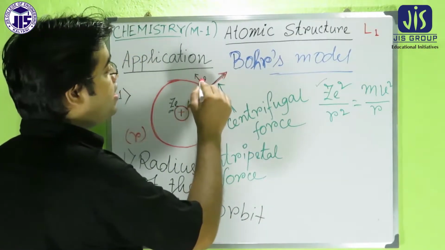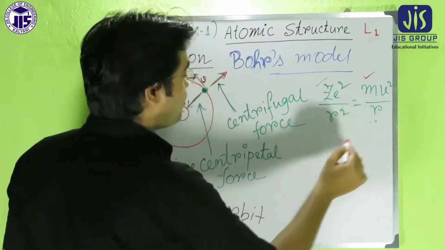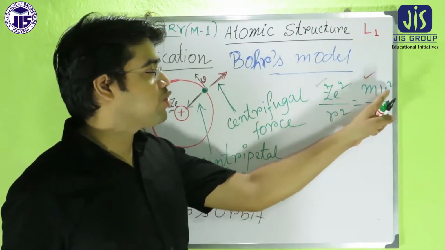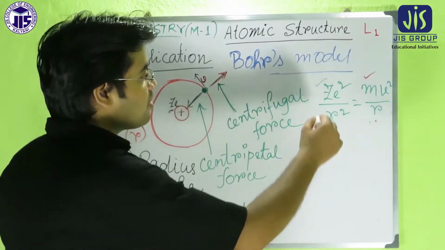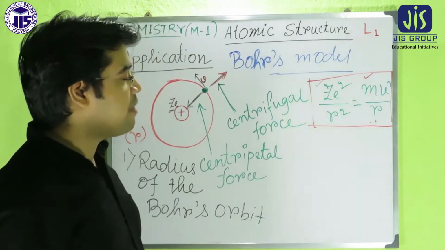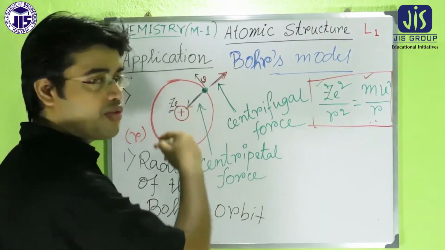What is the value? v is the velocity of the electron, so it is mv square by r. From that equation, Ze square by r square equals mv square by r, they are obviously equal, such that the electron can continuously revolve around the nucleus.